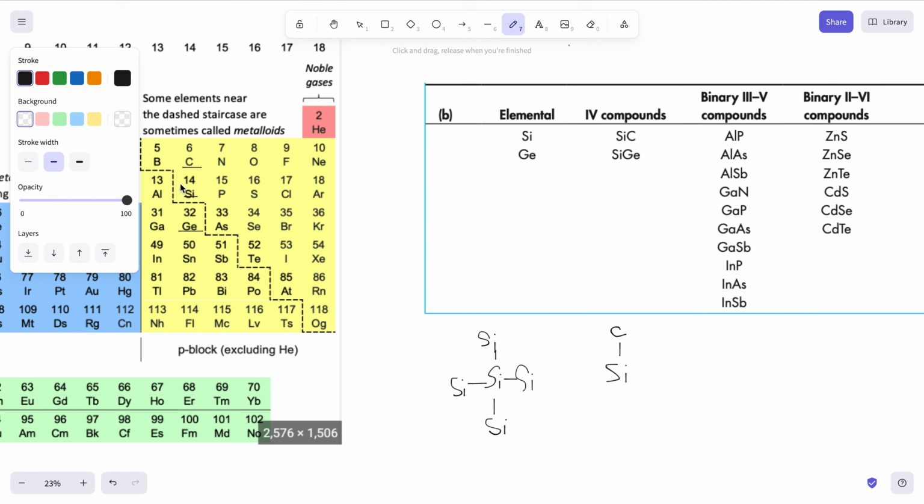But you can also find binary semiconductor materials like boron nitride, or aluminum phosphate, or gallium phosphate, or aluminum arsenide, or gallium arsenide. And each of these semiconductor materials has their own variety of properties and their own unique use case.